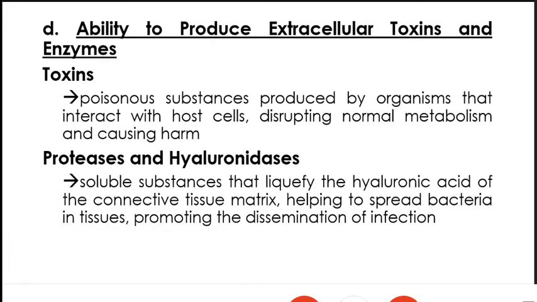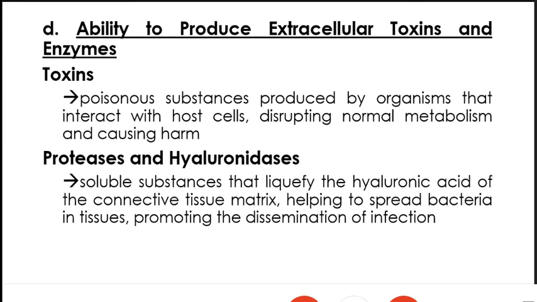Then proteases and hyaluronidases are substances that liquefy the hyaluronic acid at the connective tissue matrix, which is the way for the bacteria to spread in the tissues. Then they can disseminate. Okay.